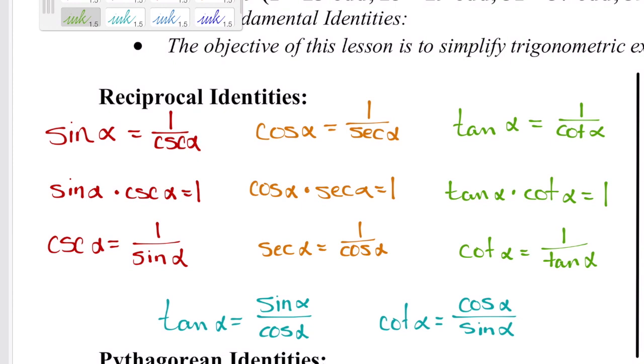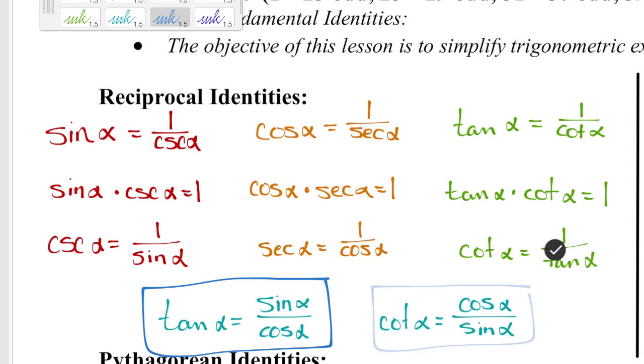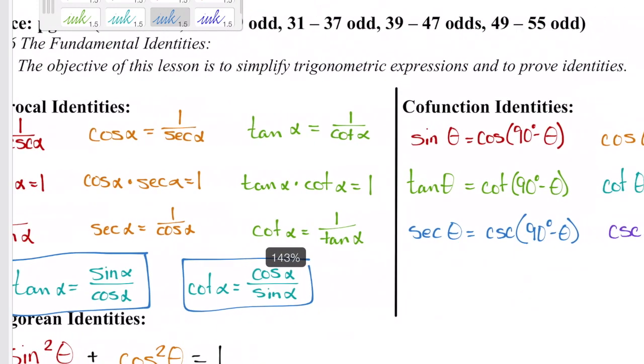And then the last one down here is looking at tangent as a way of writing sine and cosine. So we know tangent is the y over the x, sine is y, cosine is x. So sine over cosine, and then cotangent is a reciprocal of that, so it'd be cosine over sine. So these you would want to have handy whenever we're doing these proving or simplifying of the trigonometric expressions.